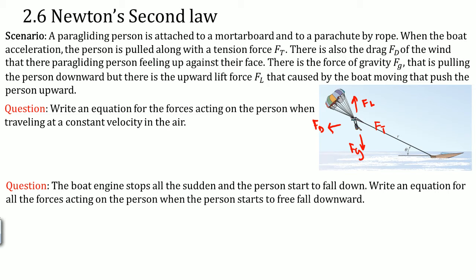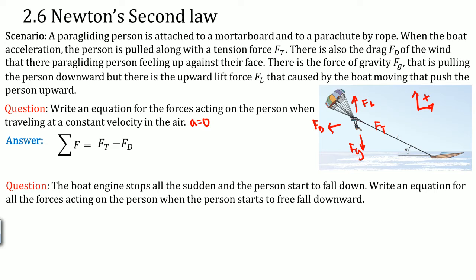You want to write an equation for the force acting on this person when traveling at a constant velocity in the air. Constant velocity means a equals 0. So let's set this up. My summation of all my forces is going to be equal to, first of all, force tension minus the force of drag, because I'm assuming anything positive is up and to the right.